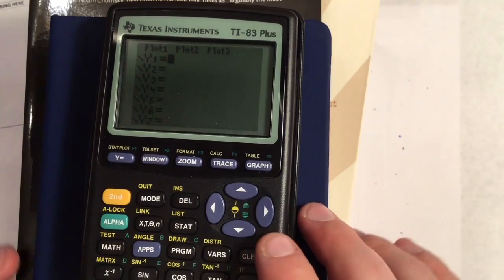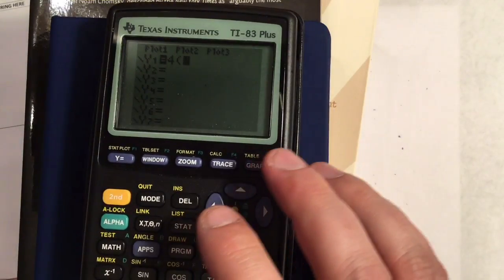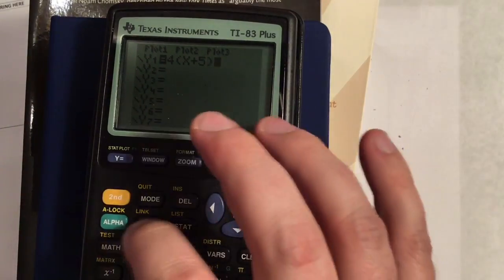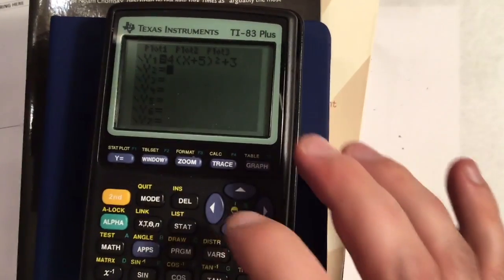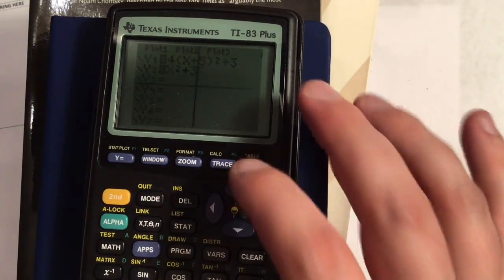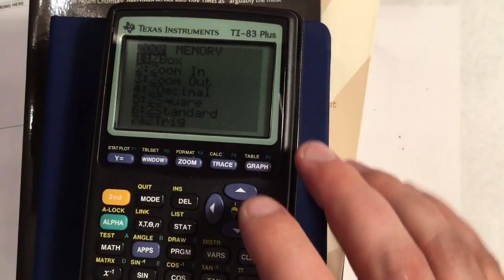All right. So g of x is 4 times (x plus 5) squared plus 3. And the parent function is x squared plus 3. All right, and I'll zoom standard here in a minute. Now maybe that was a good one.